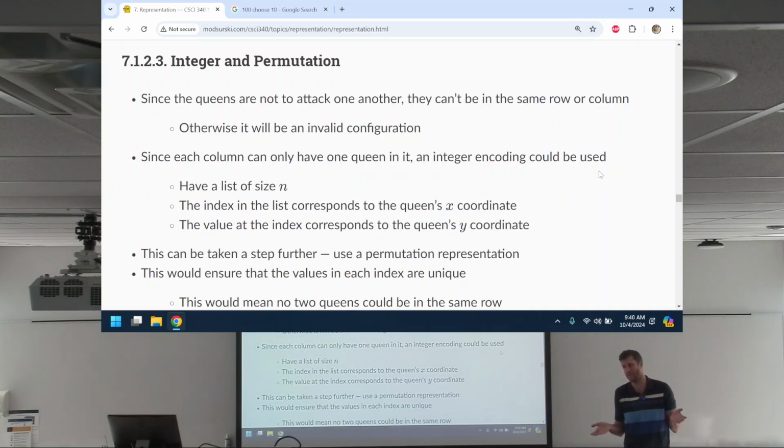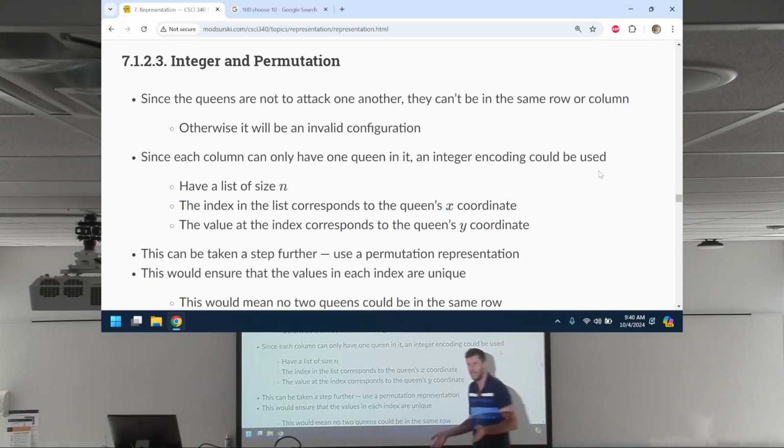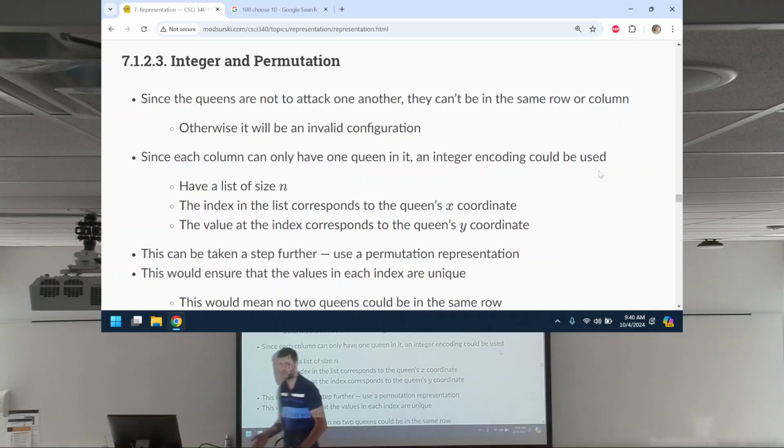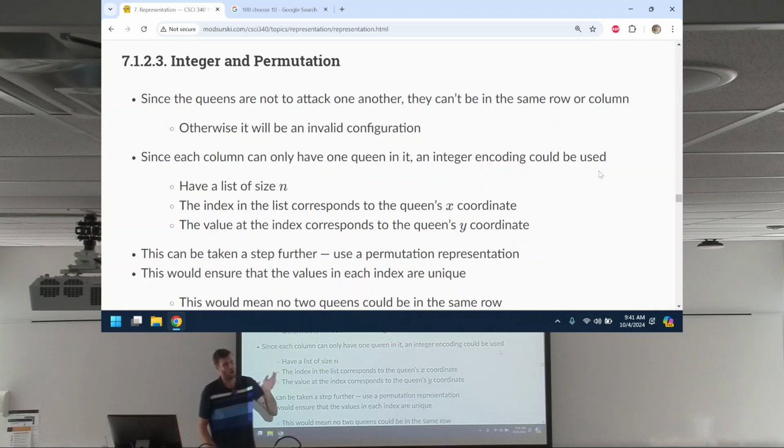Also, they can't be in the same diagonal, but let's focus on rows and columns. We don't want our queens to be in the same row and column. As soon as we had a configuration where at least two queens were in the same row or column, we immediately know that it's wrong. At least it's not going to satisfy the constraint that none are attacking.